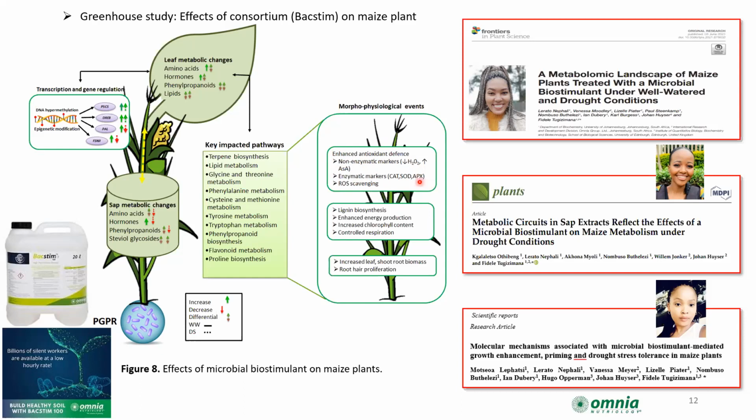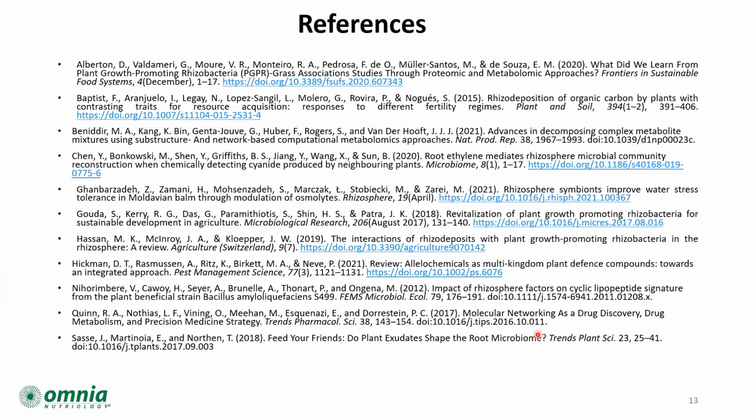So if you are interested in this study, you can look at the studies that I published in Frontiers, and Khali published in Plant Reports on the sap, and Mott's manuscript is still under revision at Scientific Reports, where it is almost accepted. And these are some of the references that I used.